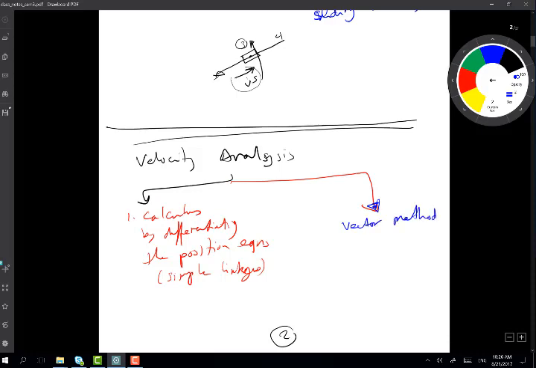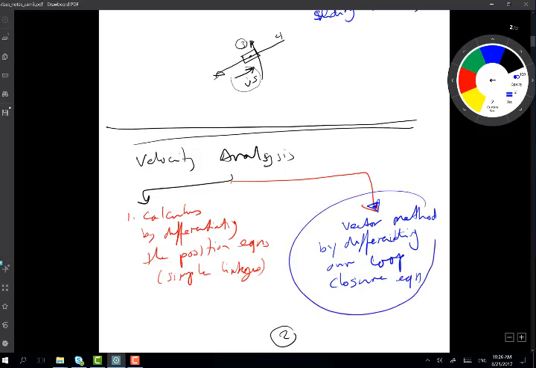In this case, we are going to differentiate our loop closure equation.